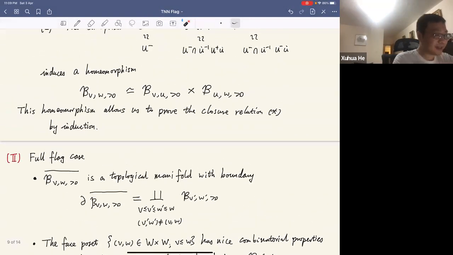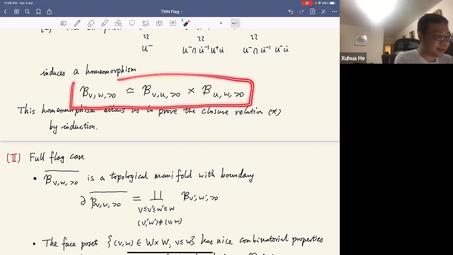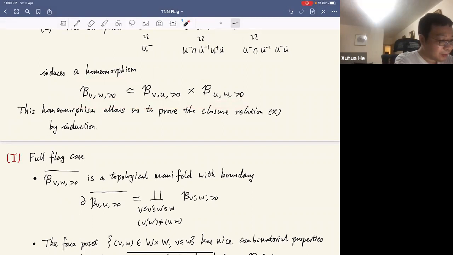we have this decomposition. By looking in the details of this decomposition, we can show that the Chlorine of each cell is a topological manifold, with boundary given by the other cells.